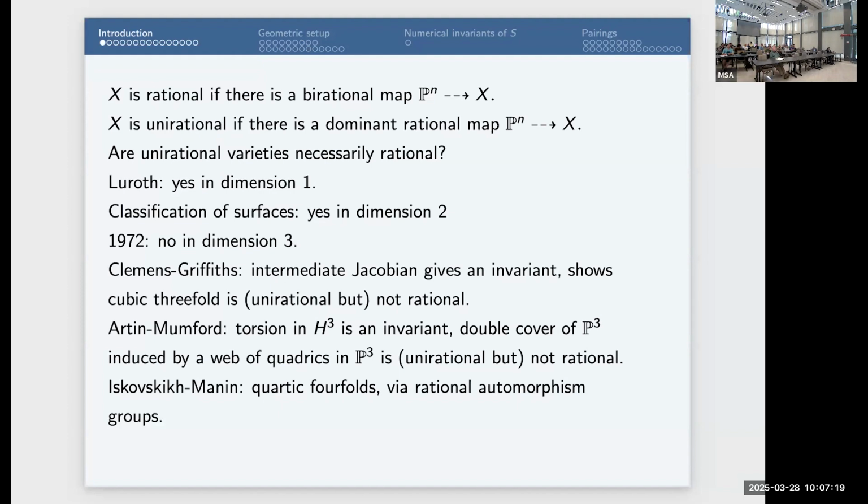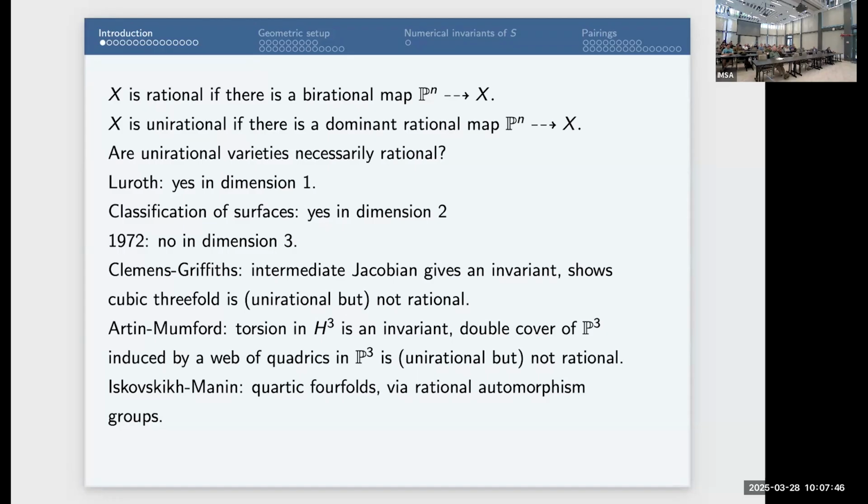So the example that I've been considering was the double cover of P3. We take the linear system of quadrics in P3, that's P9, take a generic P3 in there. It comes with a double cover, where to each point you assign the two rulings of that quadric.